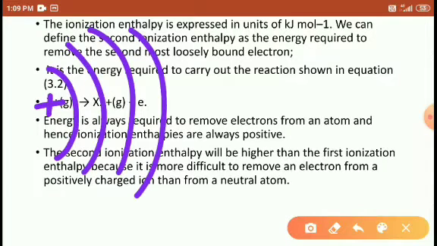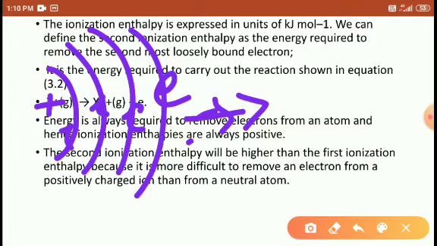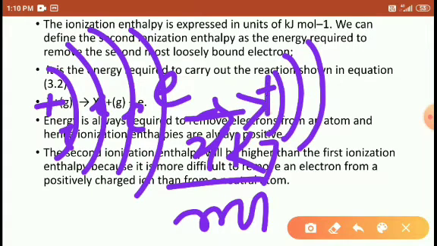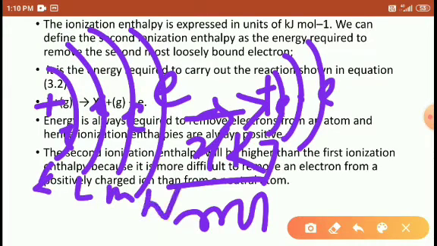This is another method: the first electron, second electron, third electron, fourth electron. When I remove the first electron, I need only X kilojoule per mole of energy. Then it turns into an ion with the same protons, and electrons here: K, L, M, N, but now only K, L, M. One electron is removed with the help of X kilojoule per mole.